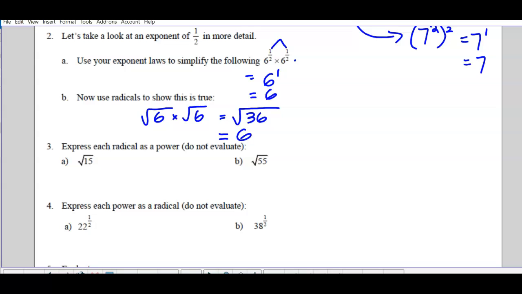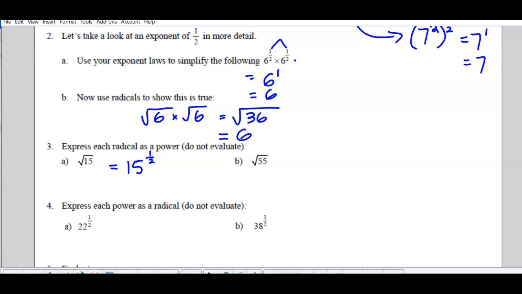Really in 3 and 4, you're just switching the way that you show it. You're not even evaluating anything. They're not perfect squares, nor is there a factor that's a perfect square. You're just showing it in different ways. So here, show it as a power. That's 15 to the 1/2, because it's a square root.